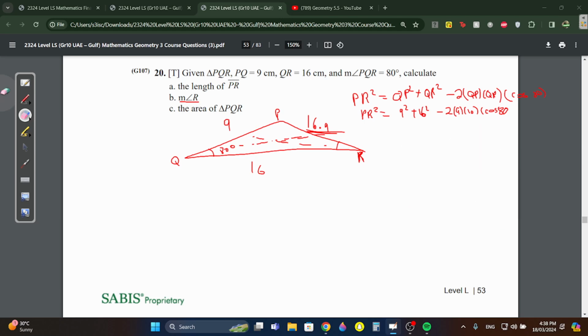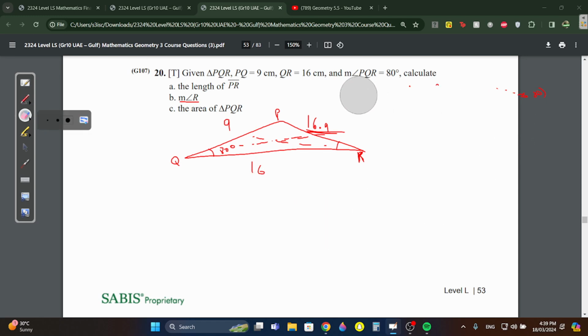Cosine R equals 9 squared minus 16 squared minus 16.9 squared over minus 2 times 16 times 16.9. You'll still get the same answer. Shift cosine, and yeah, you get 31.6 also. You can use both ways, it doesn't matter.